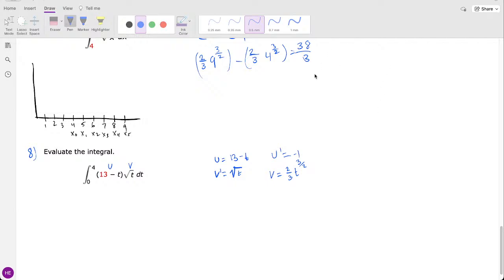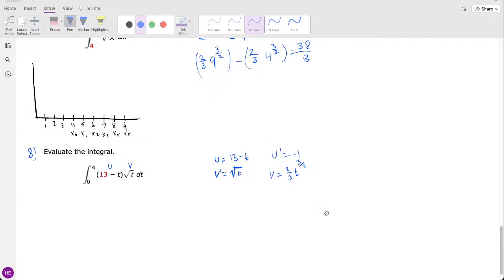It says next, apply the integration by parts formula. What is the parts formula? Okay.